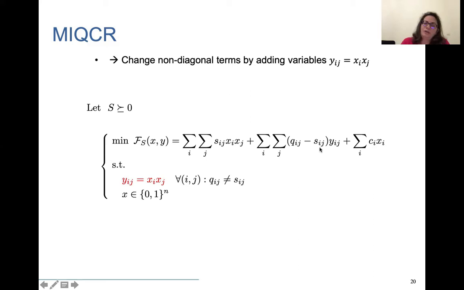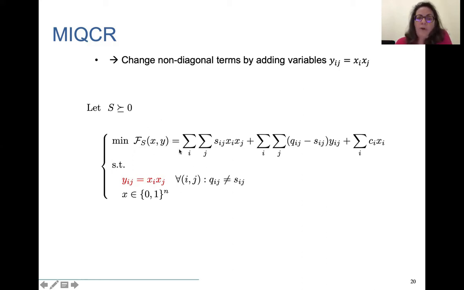And in fact, if you replace y by the products of the two variables, you can see that you can get rid of those terms and just have again your initial term q_ij multiplied by the product of the two variables. So it is easy to check that under these conditions, this function is precisely equivalent to the initial one.